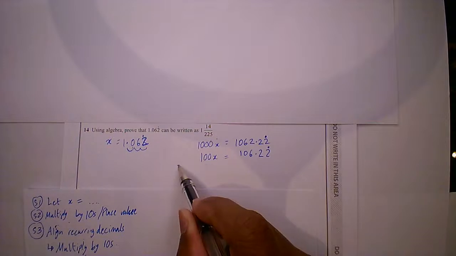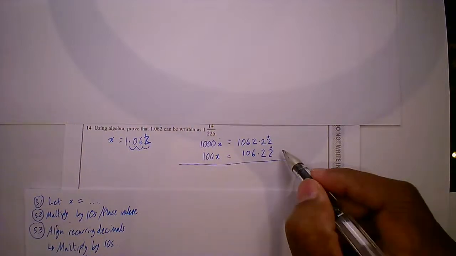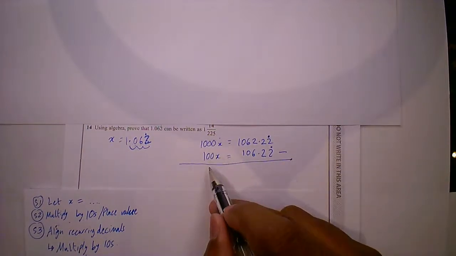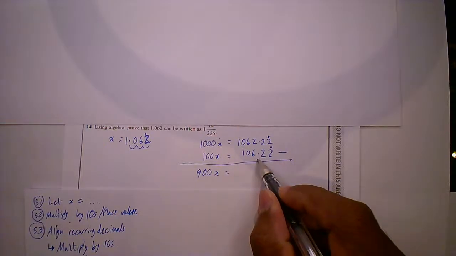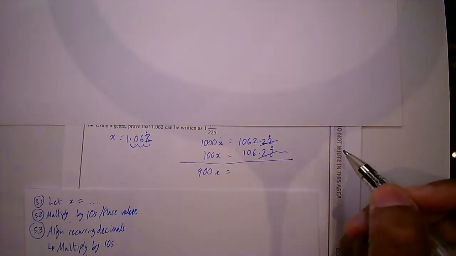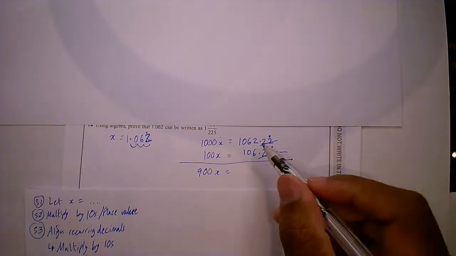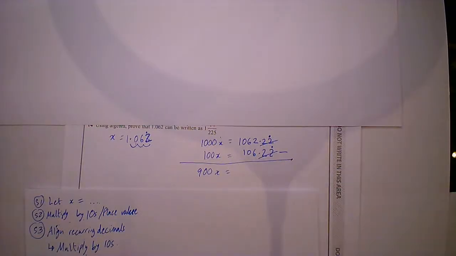Okay, so my place values are now in alignment. I subtract: 1000x take away 100x is 900x. And so these recurring parts are cancelling.